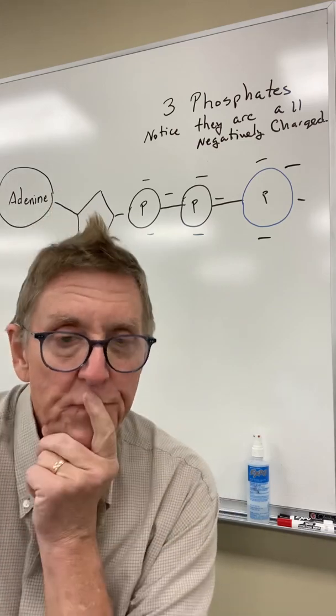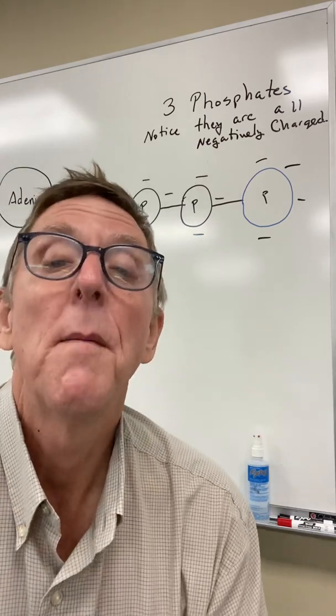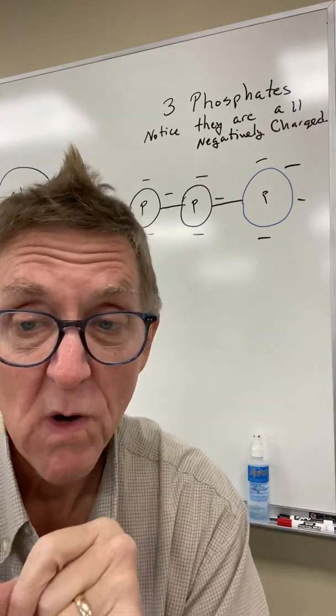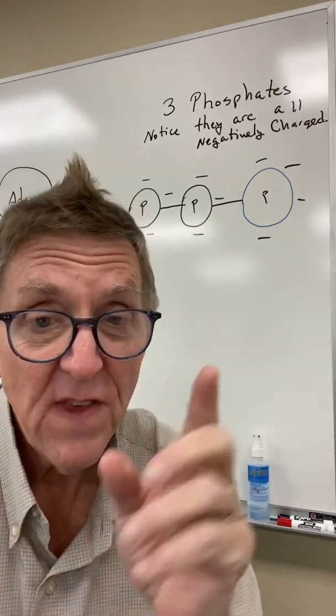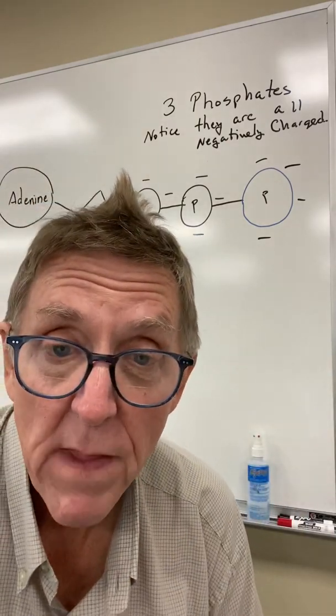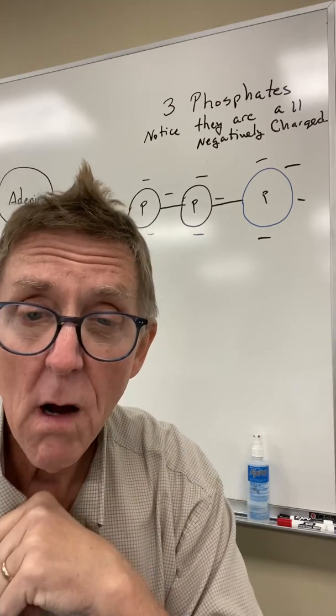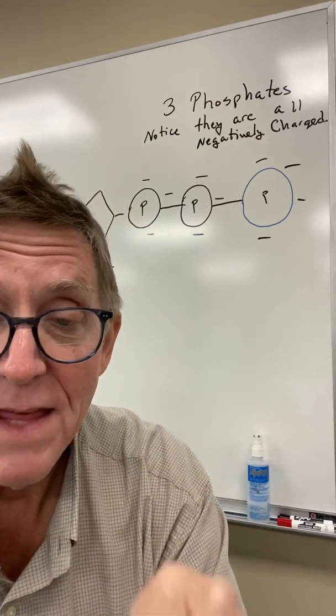Okay, I'm going to go on and stop, and we'll come back to coupled reactions. So I said we have this process of sticking the phosphate on there, and then it's released, which allows you to do work. And we're going to talk a little bit more about that in the next video.